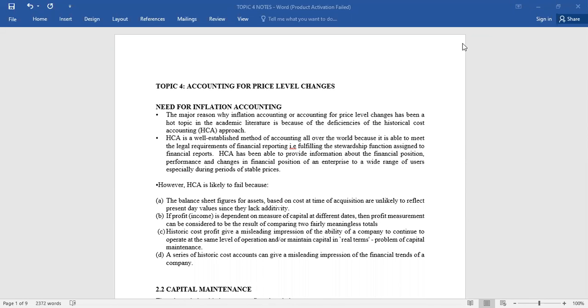Well, I'm back. So I've said the major reason why inflation accounting, or the accounting for price level changes, is a hot topic in the financial accounting literature is because of the deficiencies that you have with the historical cost. The historical cost approach, of course, rides on past data.